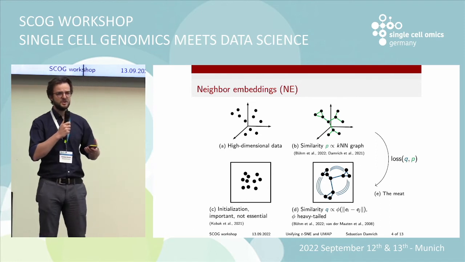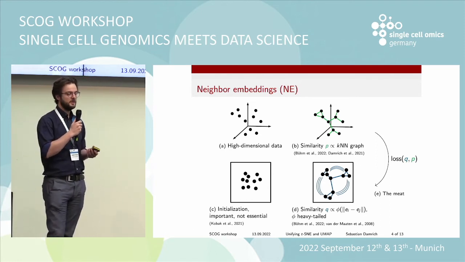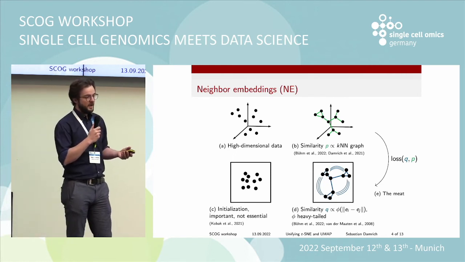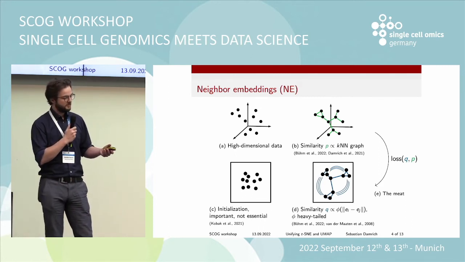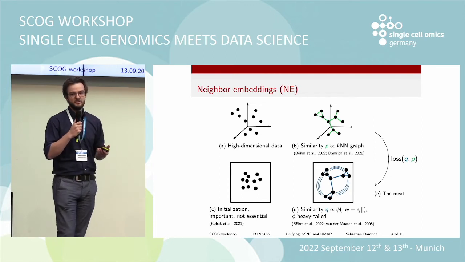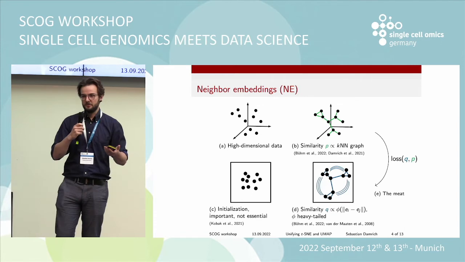And this is the information that you extract from high dimension and that you use to inform your low-dimensional embedding. To get this embedding, you initialize in some way, and then you build a counterpart, an embedding similarity distribution. I call this Q here, and that depends on the distance between embedding points, such that low distance, as you would expect, is high similarity, and high distance is low similarity.